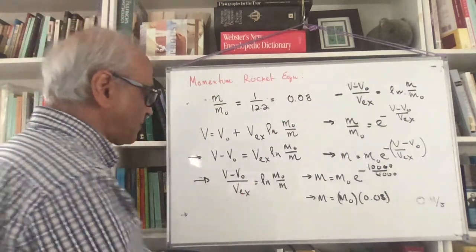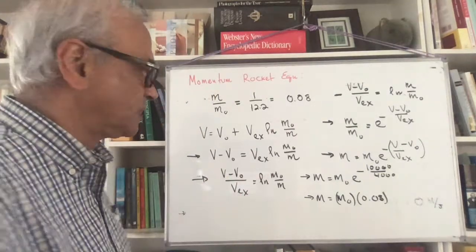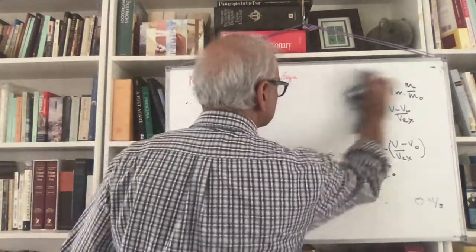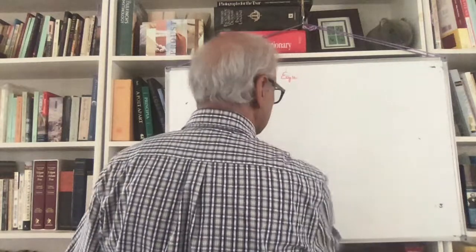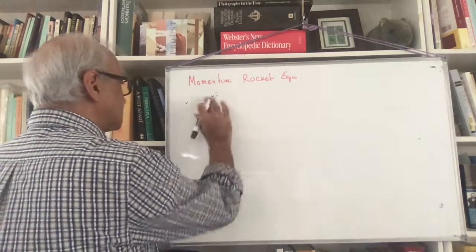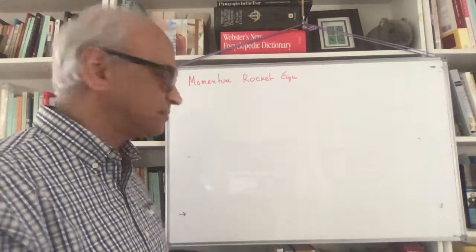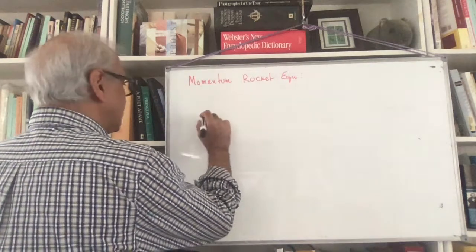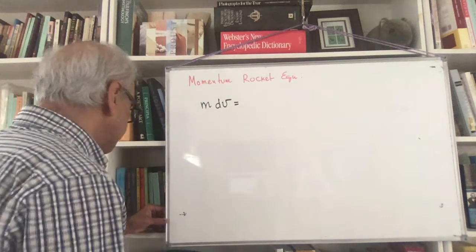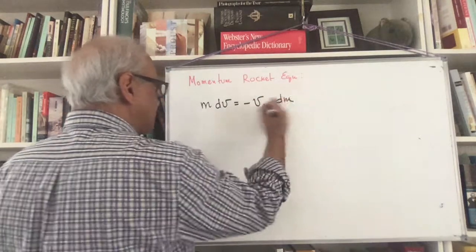So this is one part, and you can also find out the force and acceleration from these equations. So let me quickly look that up. Remember what we had after PCOM, the principle of conservation of momentum. We got P initial over P final, and then we proved m dv equals minus VEX dm. Remember we did that.